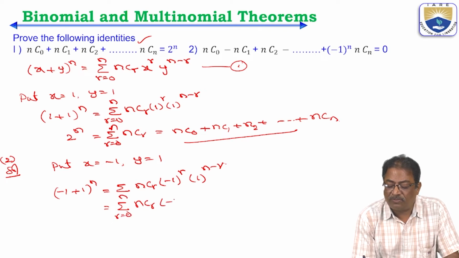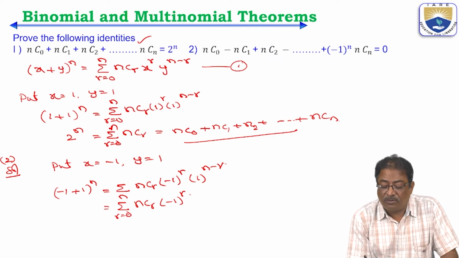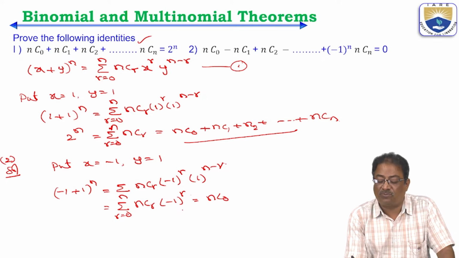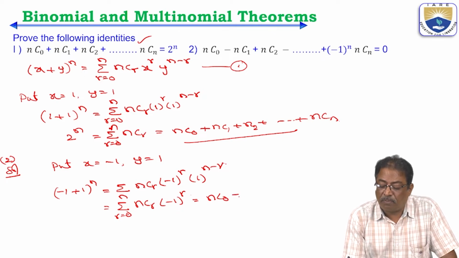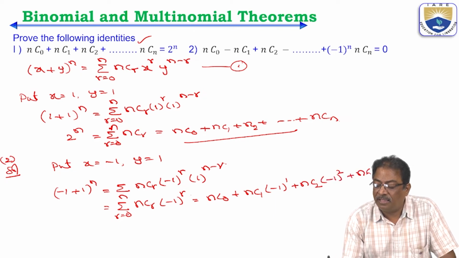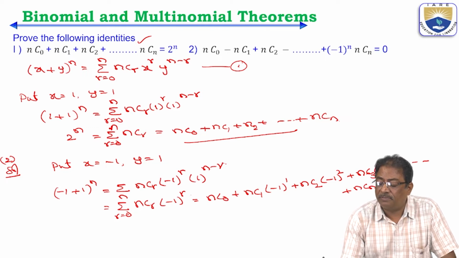Taking r equals 0, nC0 times minus 1 to the power of 0 is 1, plus nC1 times minus 1 to the power of 1, plus nC2 times minus 1 to the power of 2, nC3 times minus 1 to the power of 3, and so on, plus nCn times minus 1 to the power of n.